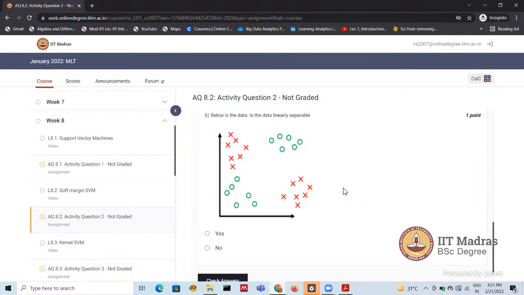So that is the definition. The W remains the same. You don't have to draw two lines. Even if you are able to put two lines and separate them, that's not the definition of linear separability.